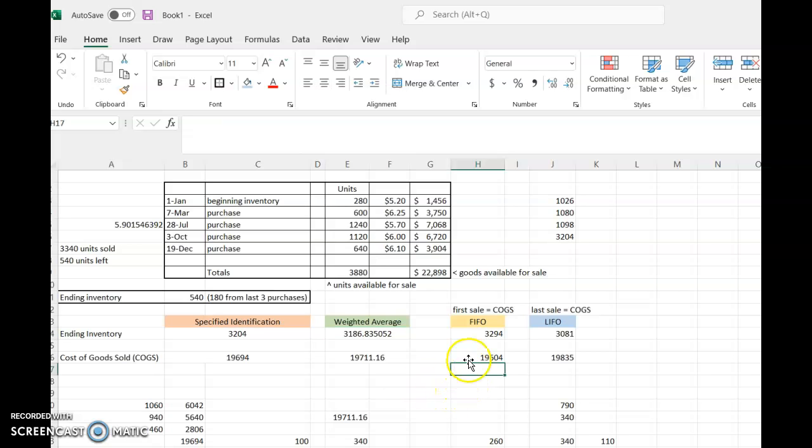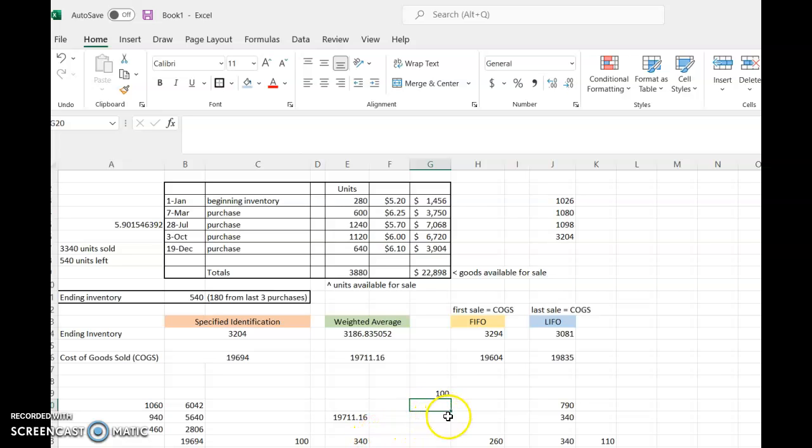So moving on to the first in, first out. This cost of goods sold is going to start off with, let's see, find the right math here. So we're going to start off with the 640 number down here, the last sale units. So 640 minus the ending inventory of 540.